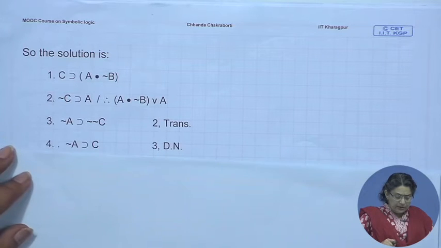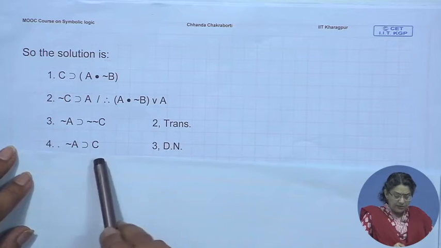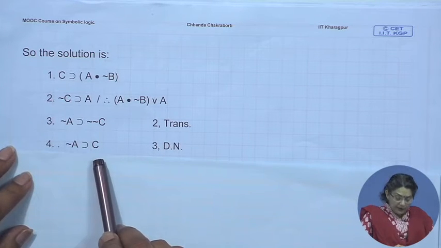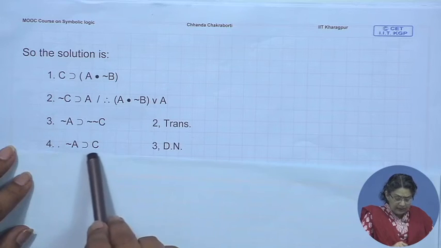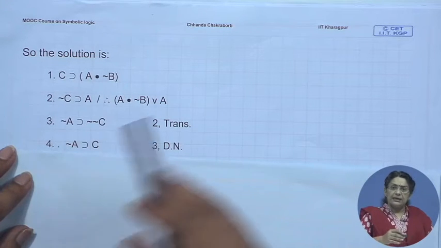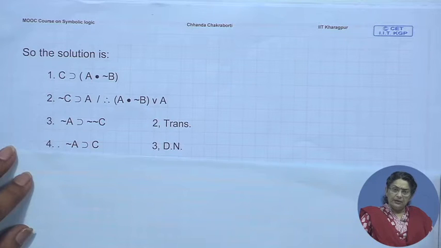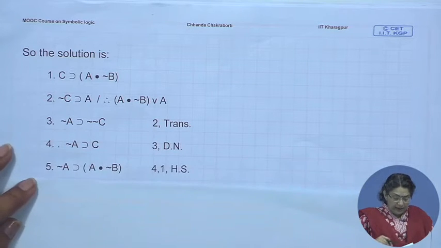Now we have done the double negation, and this is what we have. When you have that, you can see that this is an exact match, and we can apply the HS rule here, and that is what I did.